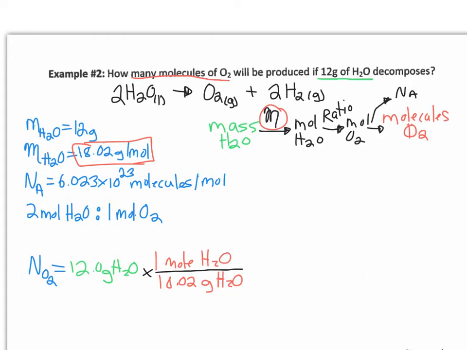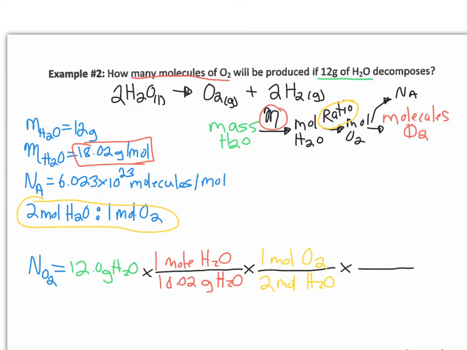If we stopped the work at this point, we'd have successfully calculated the number of moles of water, but that's not what we're looking for. We need to keep going. We need to convert the number of moles of water to the moles of oxygen gas using a mole ratio. Because we have moles of water here, we need to cancel it out, so the 2 moles of water goes on the bottom, and the 1 mole of oxygen gas goes on top.